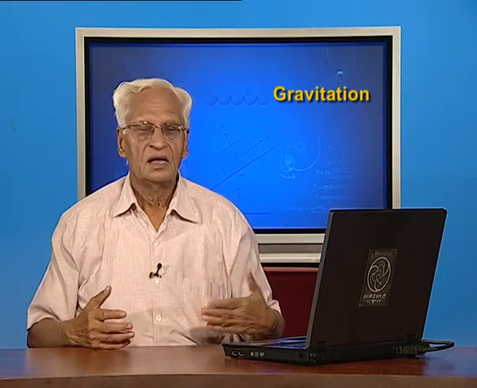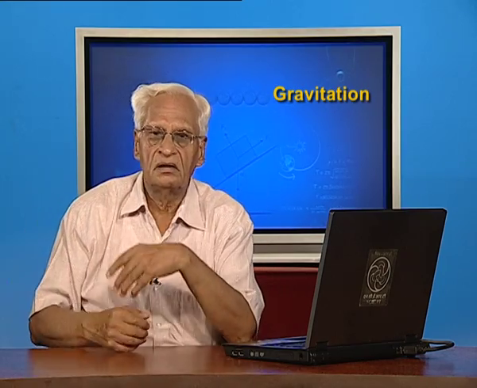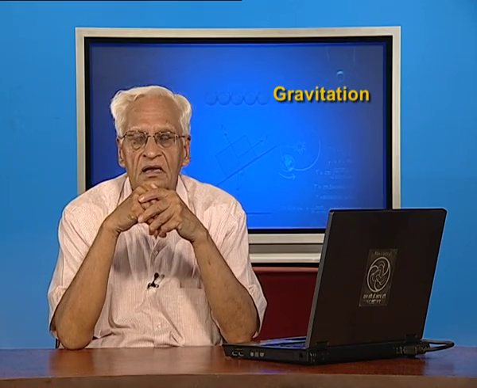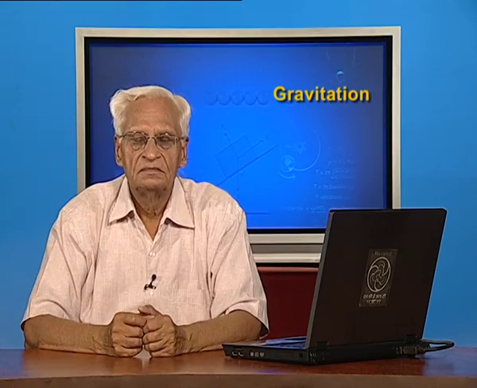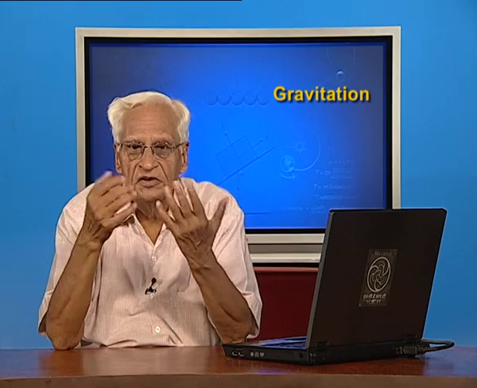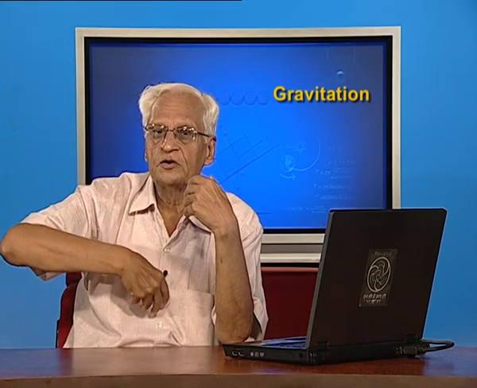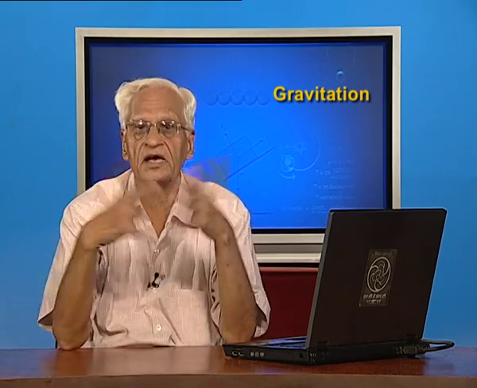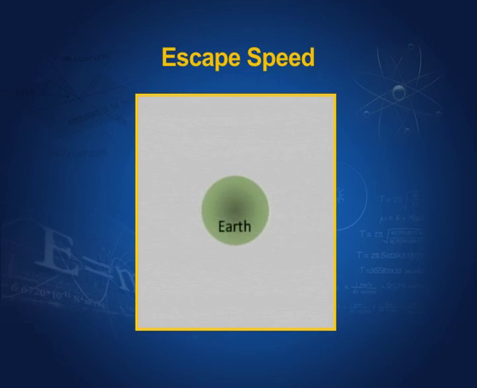Now, since the gravitational field of the earth or sun or of whatever body you consider is there and it always attracts particles towards it, is there a way in which we can make a particle free, so that it goes out of the gravitational field, say of the earth? Let us see whether it is possible or not. You know that if you throw a ball up, it always comes back.